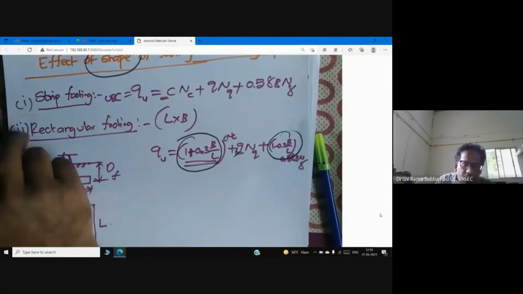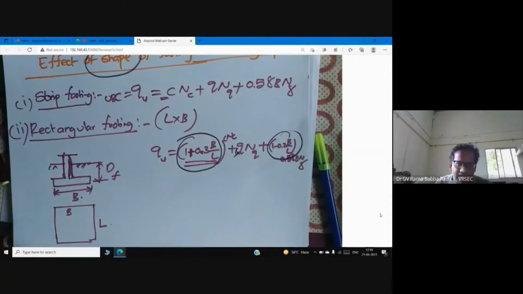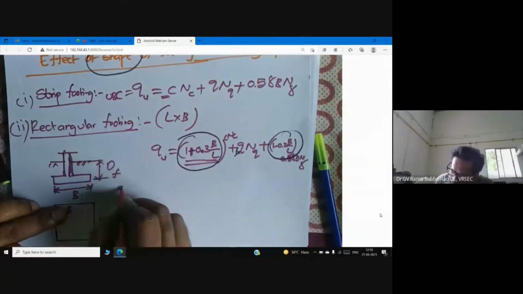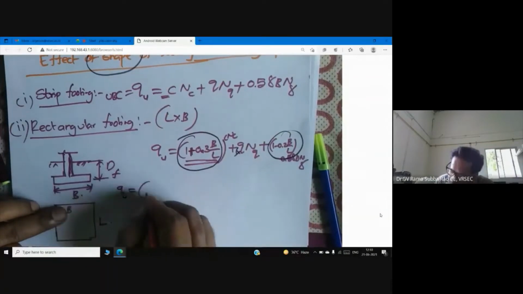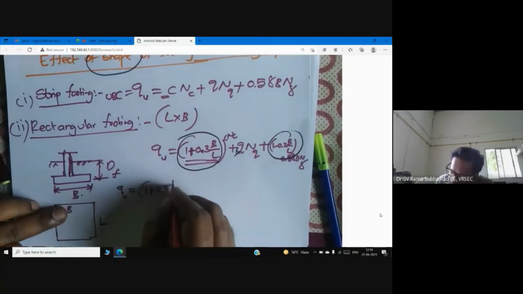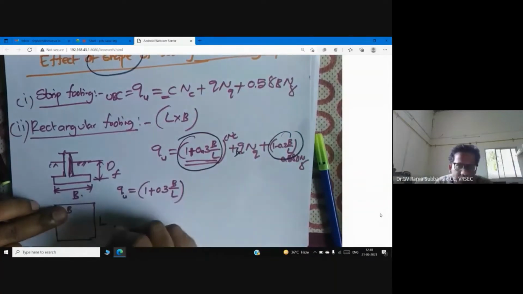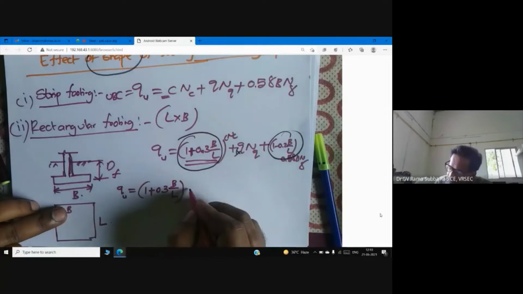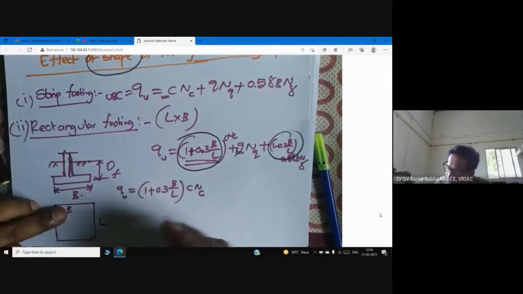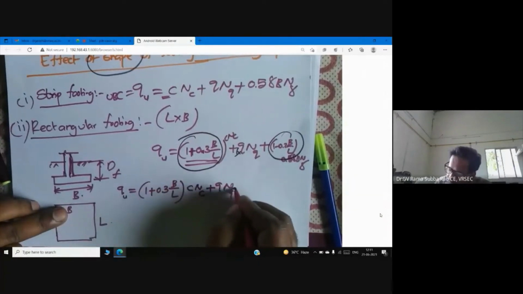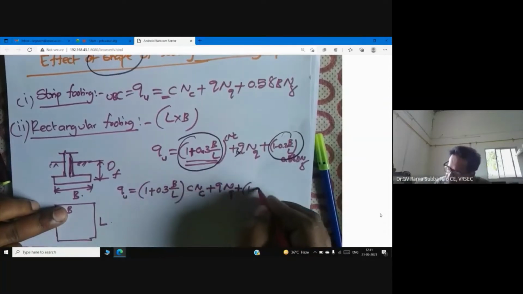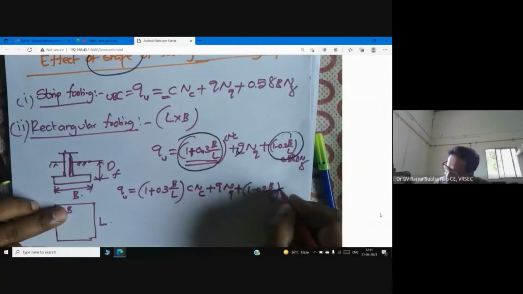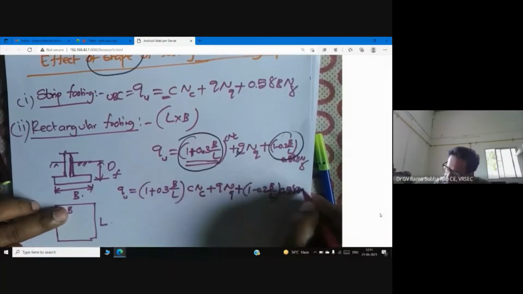There is no exclusive shape factor when it comes to surcharge. So I will write once again. Qu is equal to 1 plus 0.3 B by L, c Nc, plus q Nq, plus 1 minus 0.2 B by L, 0.5 gamma B N gamma.